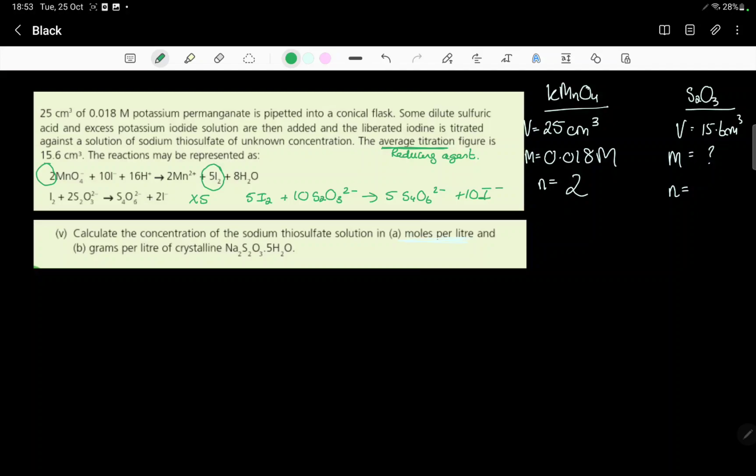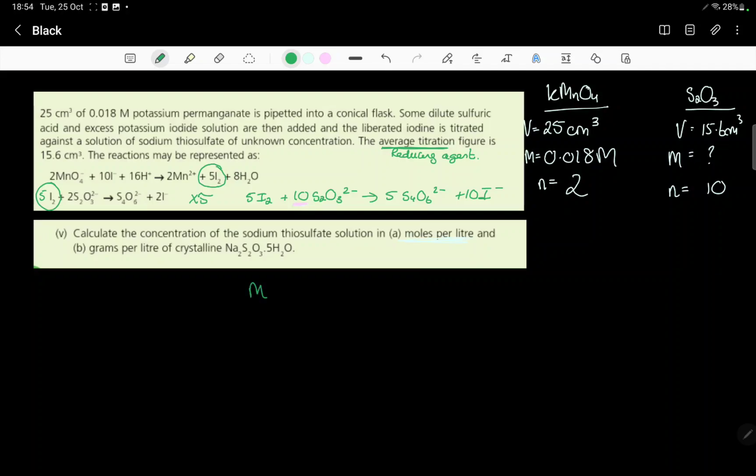Okay, so now you can see that the number in front of the sodium thiosulfate is actually 10. Okay, so that was relating the first equation and the second equation together. Because I have 5 iodine here, I need to have 5 iodine here as well, so that they link. Okay, so now I have that.